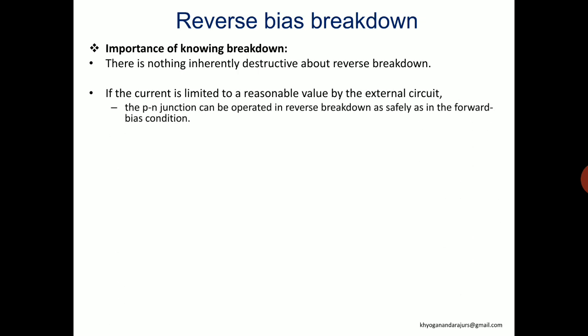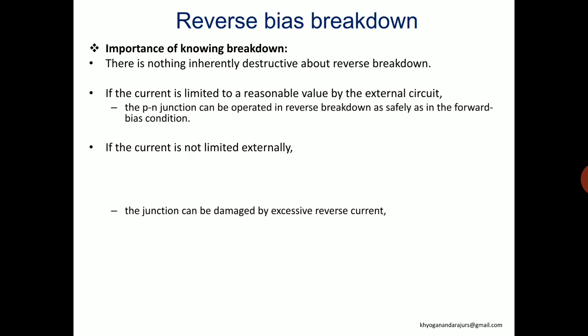Similarly, in forward bias we know the current flowing is some value. If that current exceeds the maximum value, then the current may hamper the device, it may affect the device. So we can say that when the current flowing exceeds the maximum value, the increased current may affect the circuit.